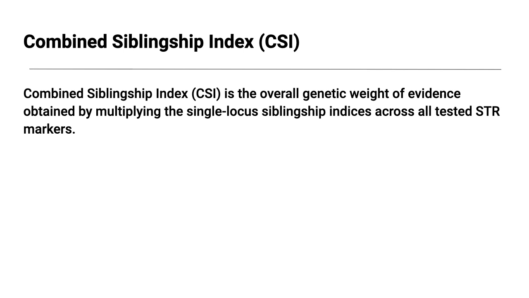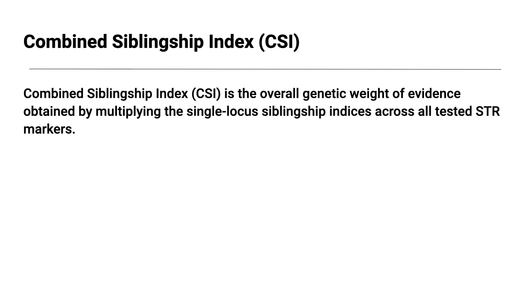So in real forensic testing, the CSI multiplies this value. So loci with 2 shared alleles increases the CSI, while loci with no shared alleles decreases it. The final CSI reflects the balance of evidence across all markers. So in practice, forensic laboratories interpret the combined siblingship index using likelihood ratios.